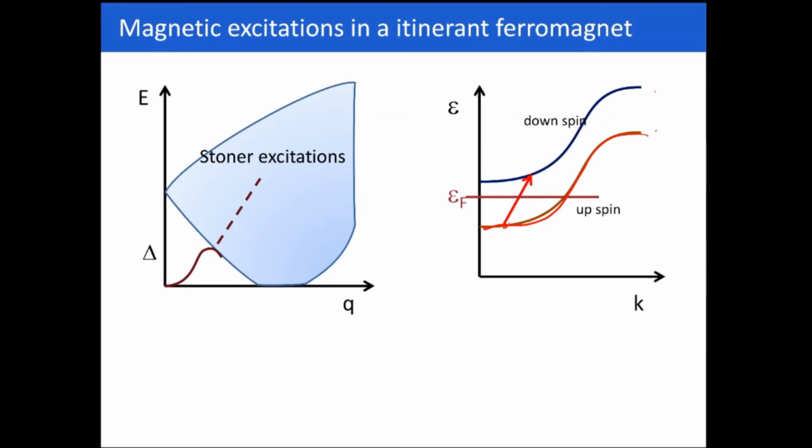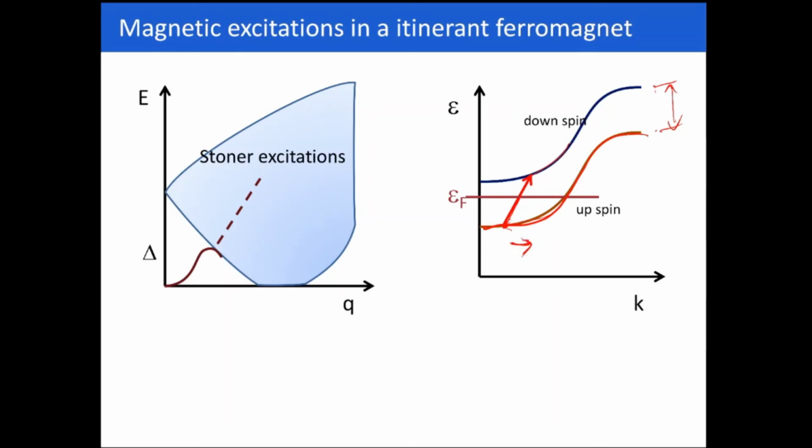So this is an excitation where the spin has to change because there's only spin down states here, and these are spin up states here. So this is a difference that's induced because of the Hubbard interaction, making the energies of spin up and spin down different. And this is an excitation that goes between the two. So this particular excitation that I've drawn has a change in wave vector here.